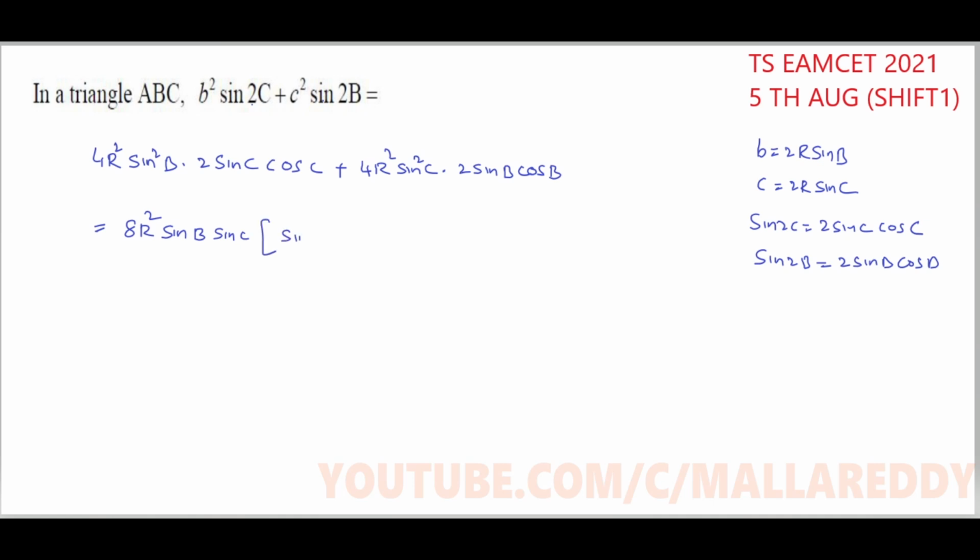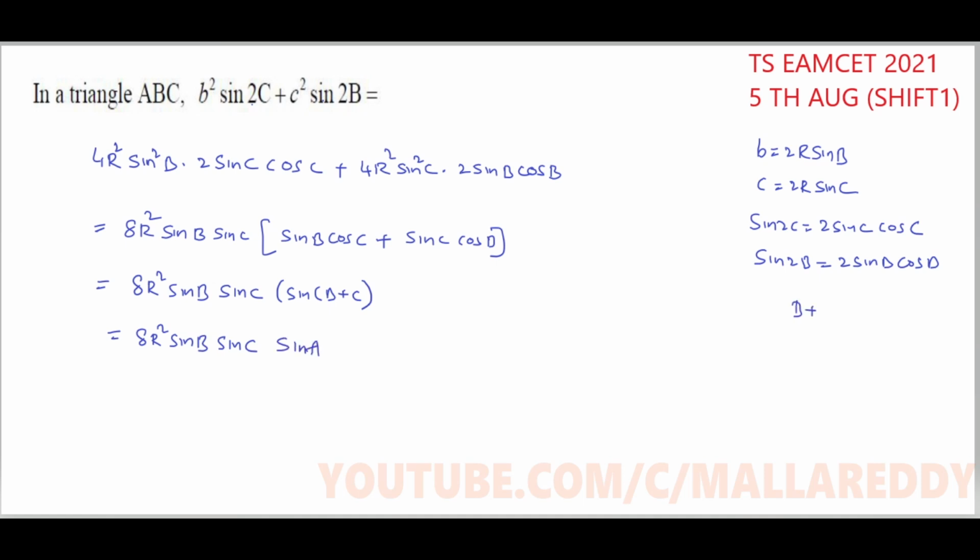So that is sin B cos C plus sin C cos B. This is sin of B plus C, that is 8R square sin B sin C into sin of B plus C. We know that B plus C is equal to 180 minus A. Sin of B plus C is equal to sin of 180 minus A, that is sin A.